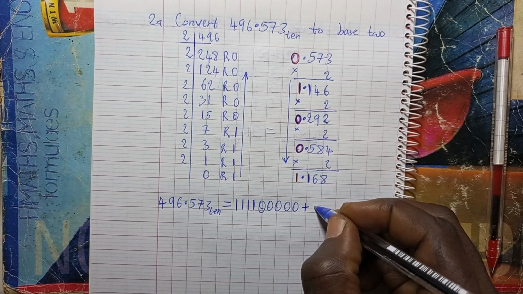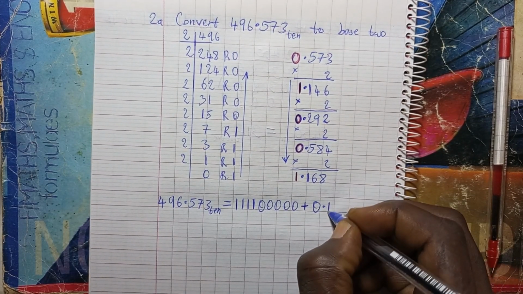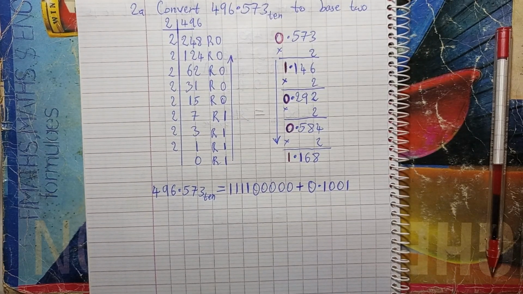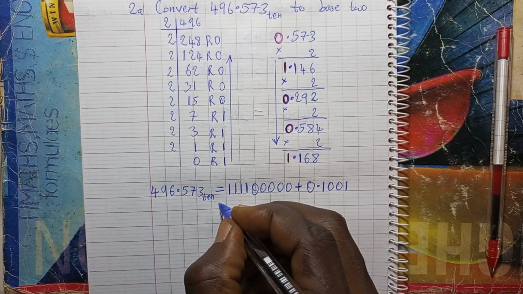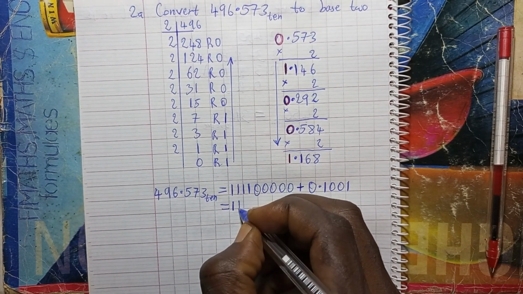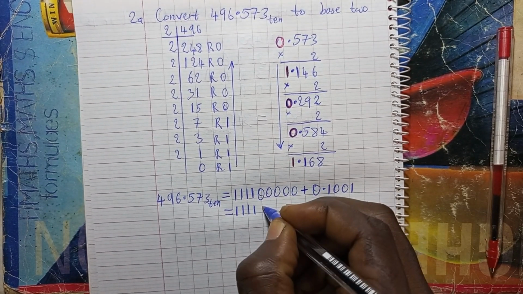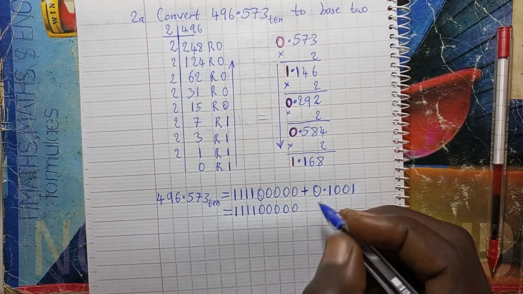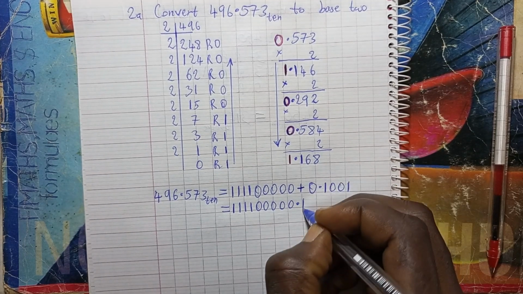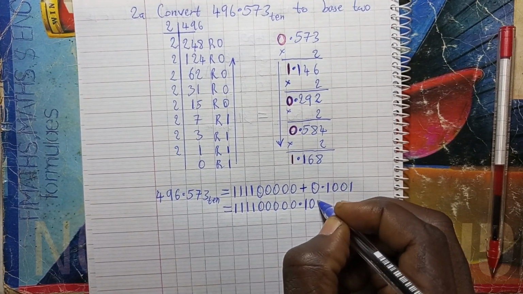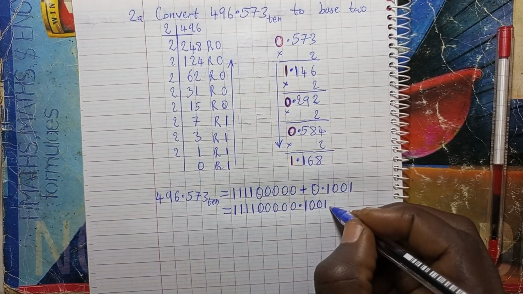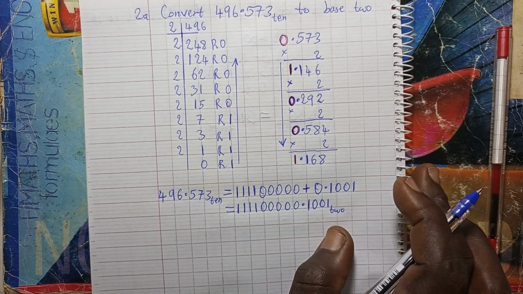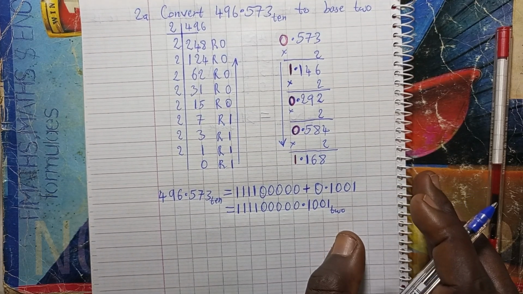So we have plus 0.1001. If we add everything, we have 111110000.1001 base 2. So this is the final answer to question number 2A.